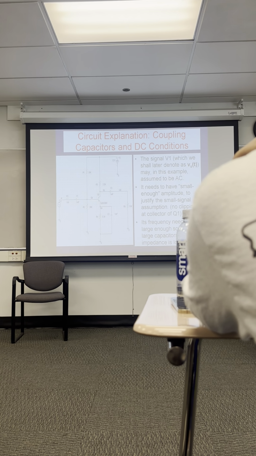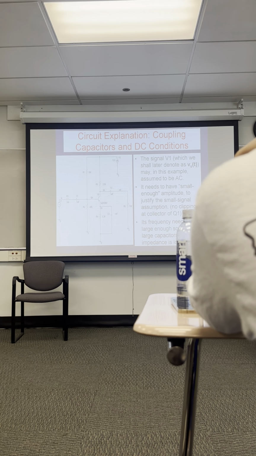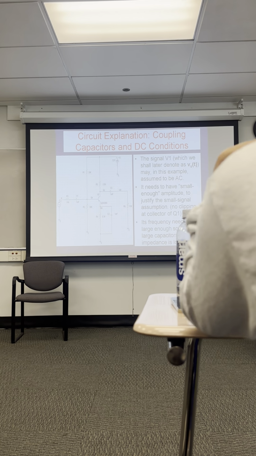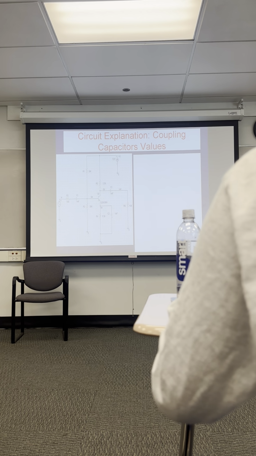The capacitors are chosen in a design process, and we're not really going to cover the design of the capacitors in the circuit. So if a schematic is given, just assume series capacitors are open circuit for DC, and this capacitor on the emitter is an AC short at AC frequency.